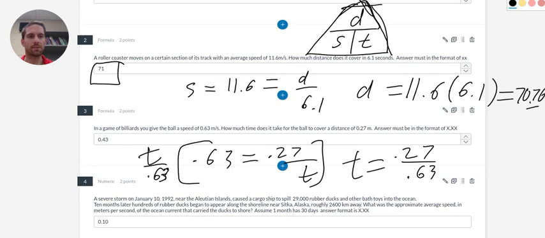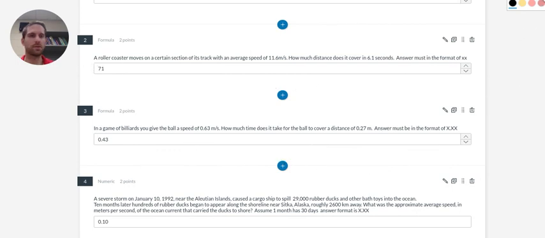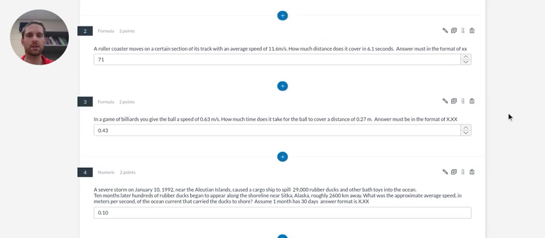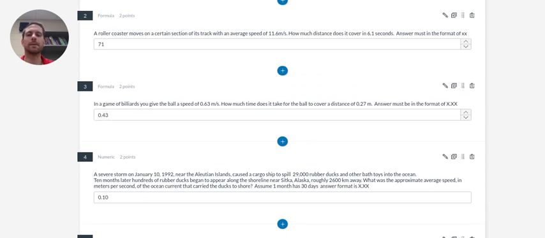All right, this next problem is a little long, so let me give myself room to work on it. The key to this problem is doing 2 separate conversions.